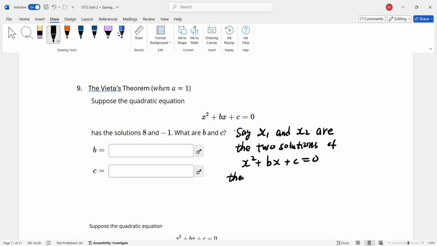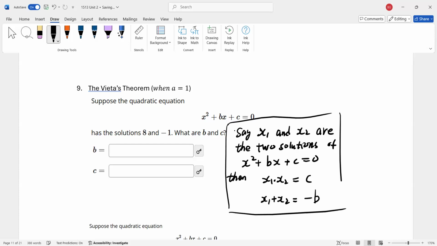Then the two solutions multiply to the constant term. And the two solutions add up to the opposite of the middle term coefficient. This is the content. It's part of the theorem, but it's enough for us. Yeah, let's look at it.